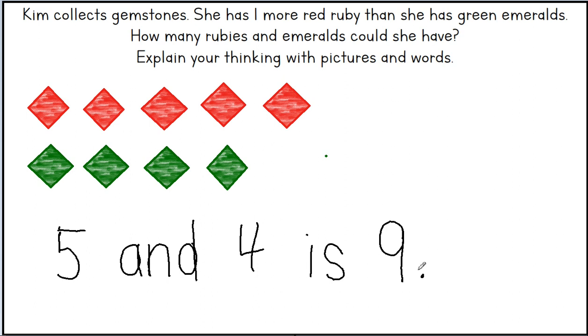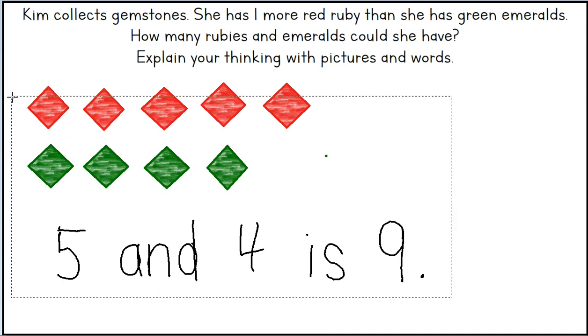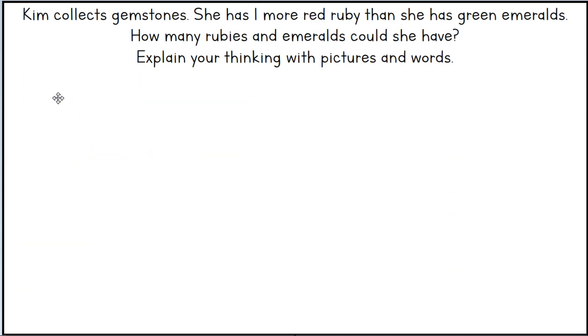All right, and I told you guys that I would go ahead and solve the problem 2 ways. So I'm going to go ahead and erase this. And then I am going to solve the problem a different way because I really want you guys to see that there are multiple ways to do this, okay? So I'm going to say this time, and again, you get to pick how many rubies she has, all right?